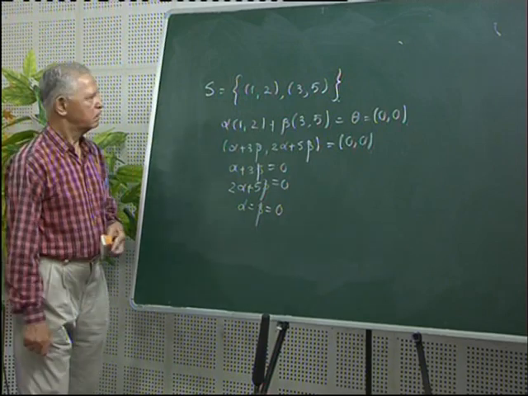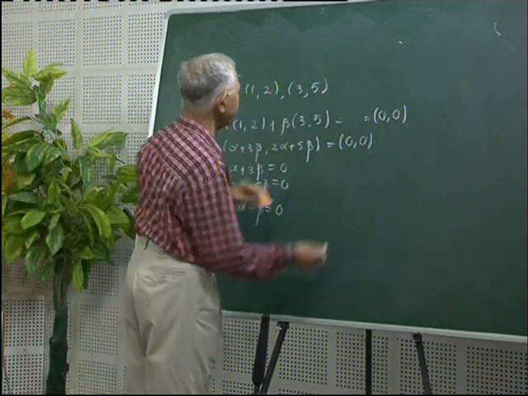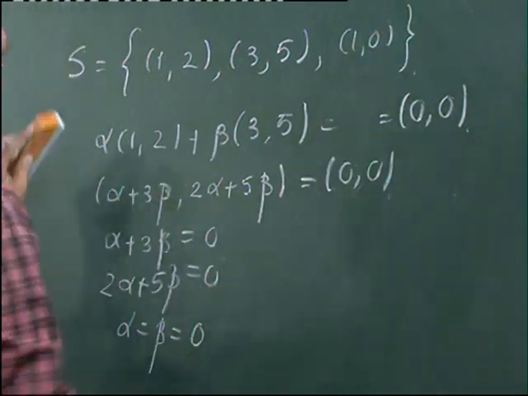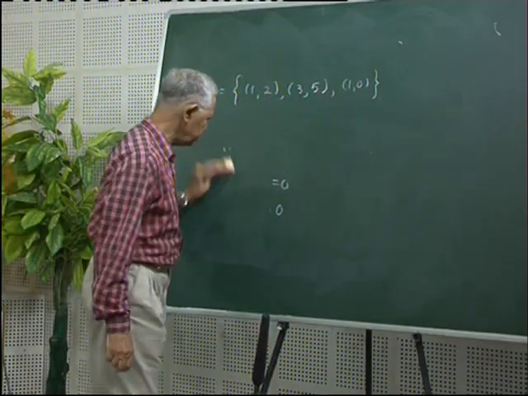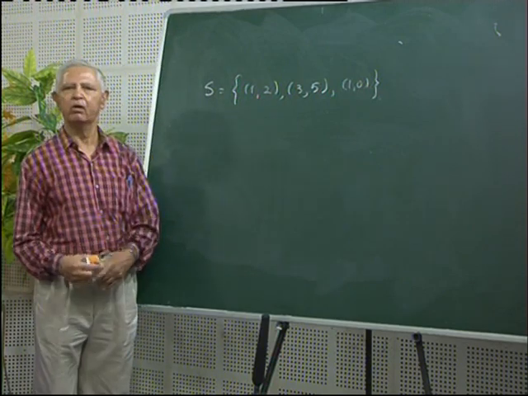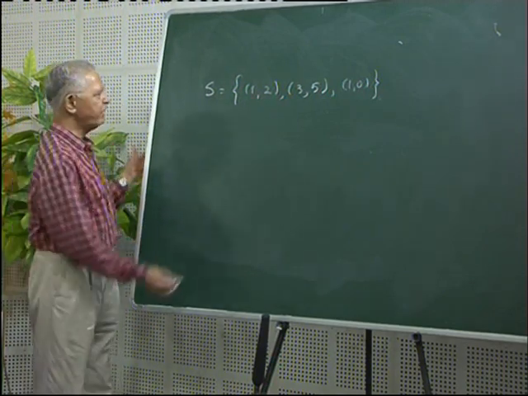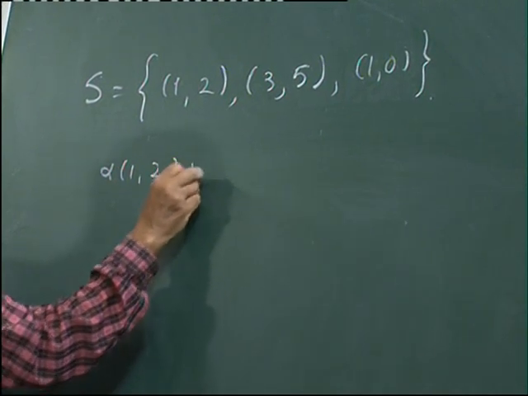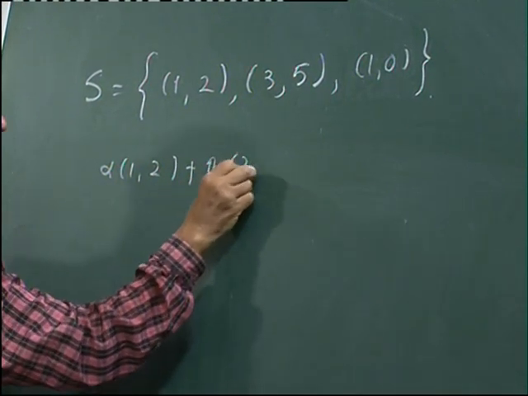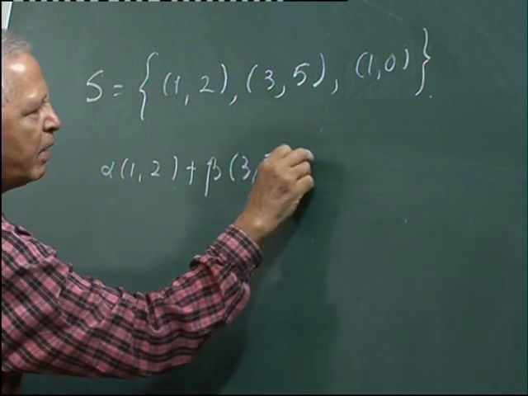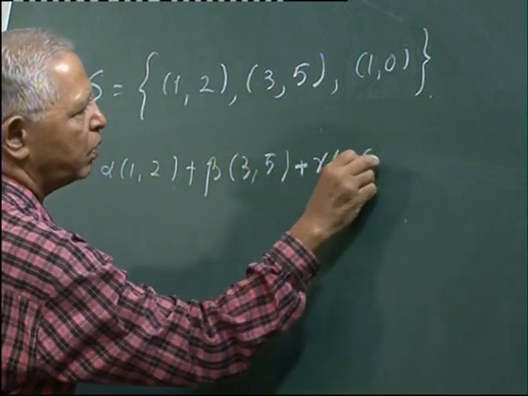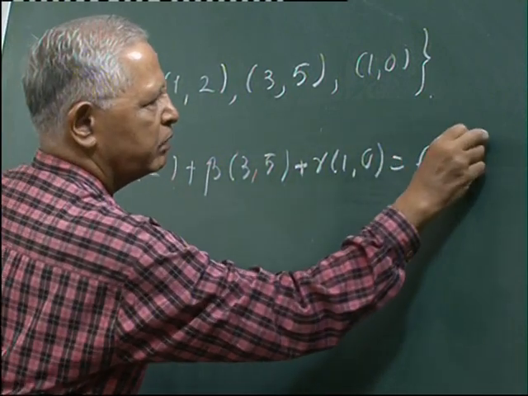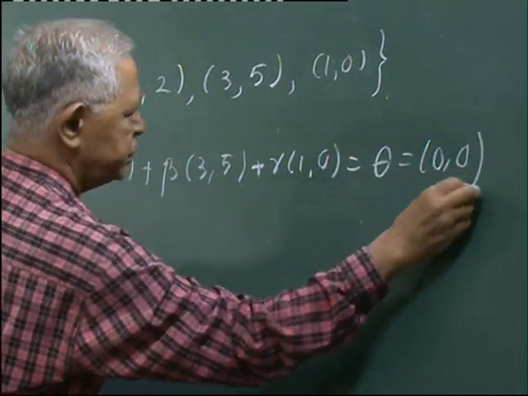Now let us take this set and add one more vector, (1, 0). We want to check whether these vectors are linearly independent or dependent. Again we take the vector equation alpha (1, 2) plus beta (3, 5) plus gamma (1, 0) equal to the 0 vector, that is equal to (0, 0).